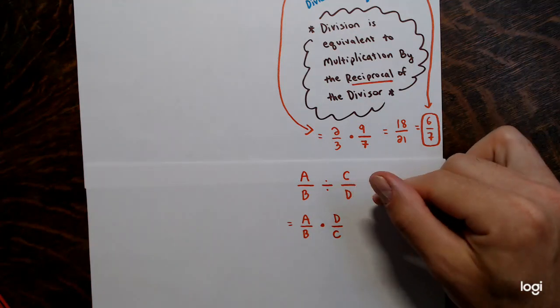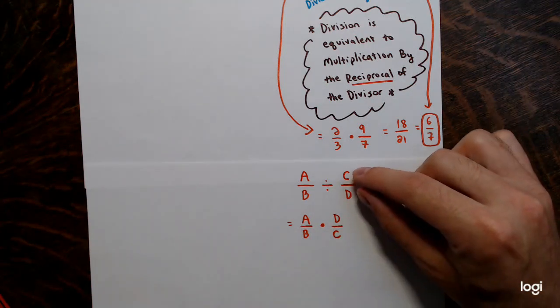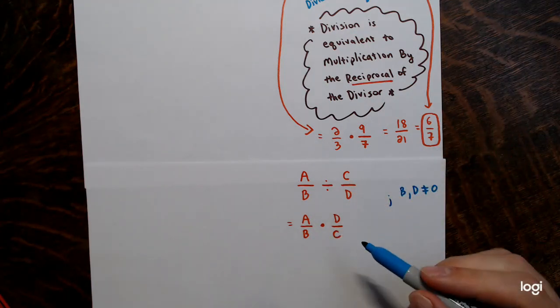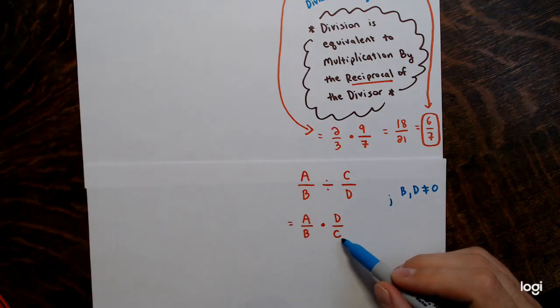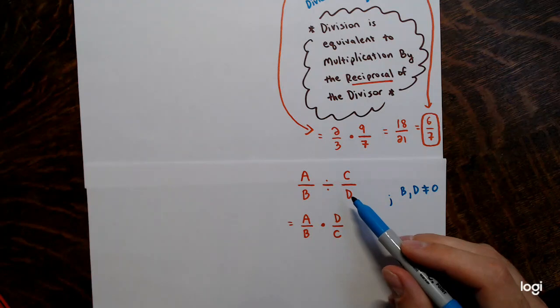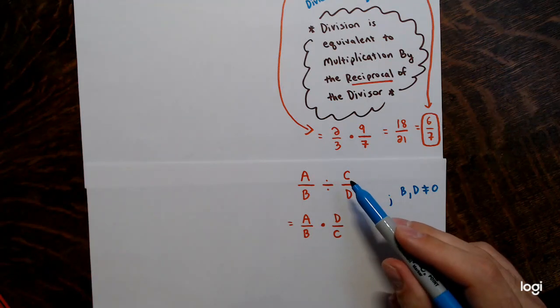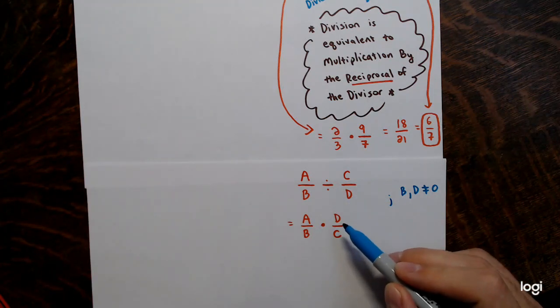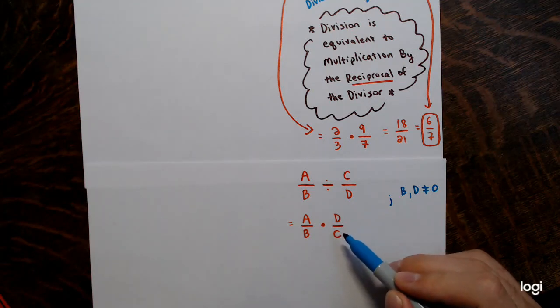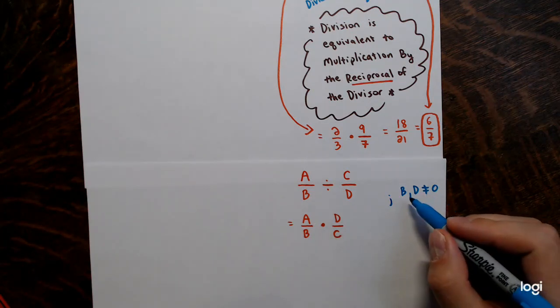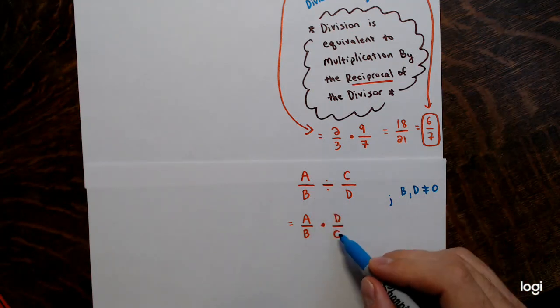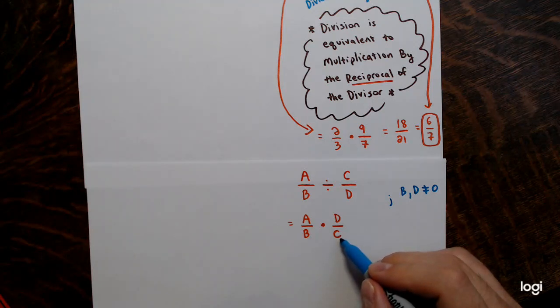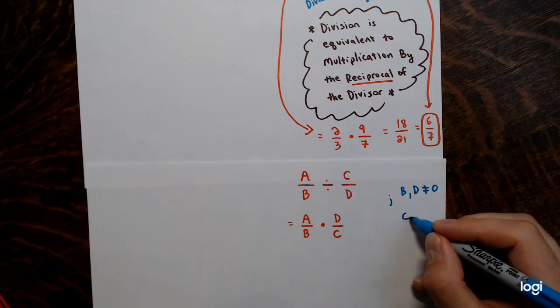When you change c over d to d over c, now there's a new number in a denominator. Before, d was in the denominator of this fraction. Now c is in the denominator of this fraction. So not only can b and d not be 0, but c cannot be 0 as well.